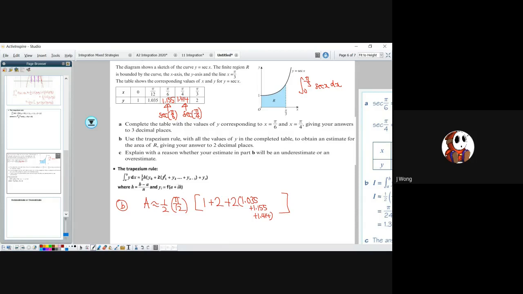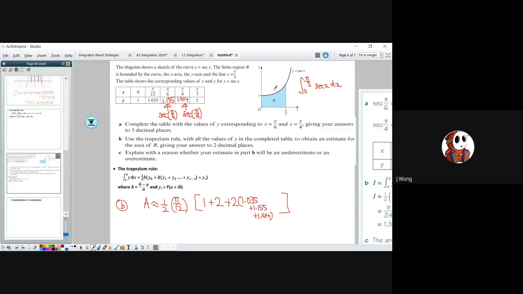It's just like that. And then for part C, if I would like to justify with a reason whether our answer here is an overestimate or underestimate, it will be based on the shape of the graph. Don't worry, they will provide that for you.